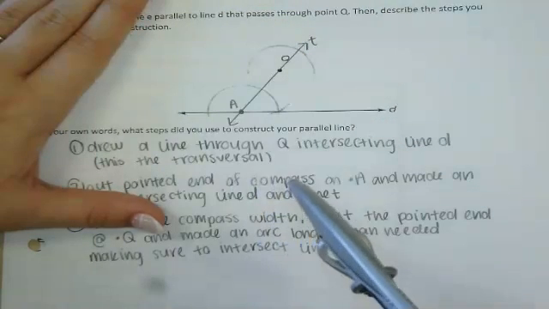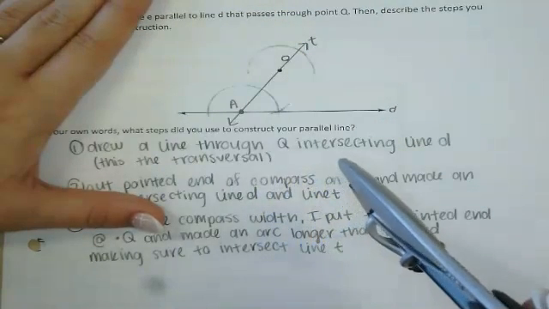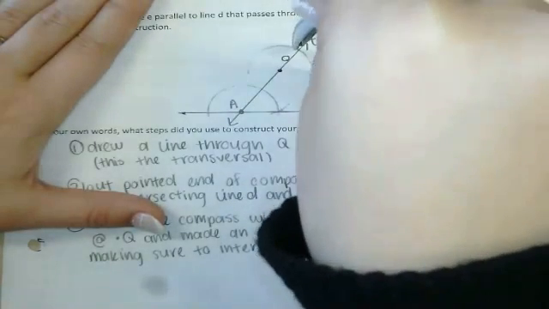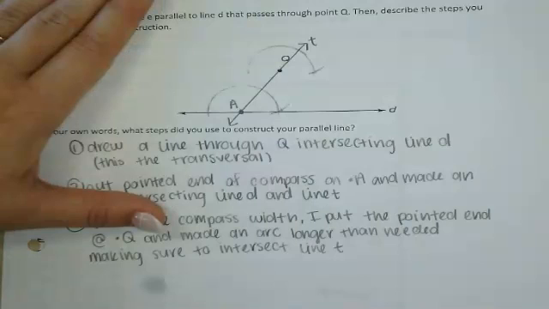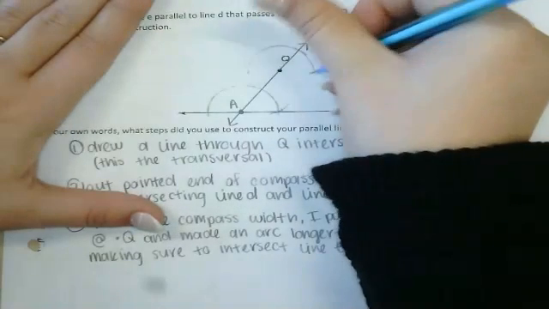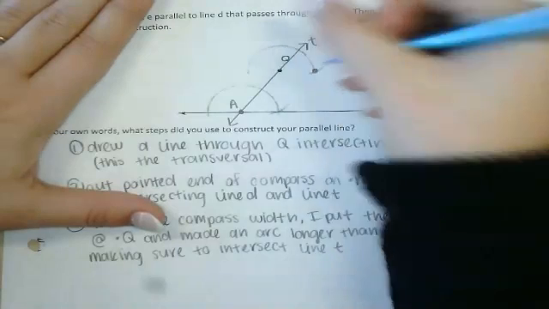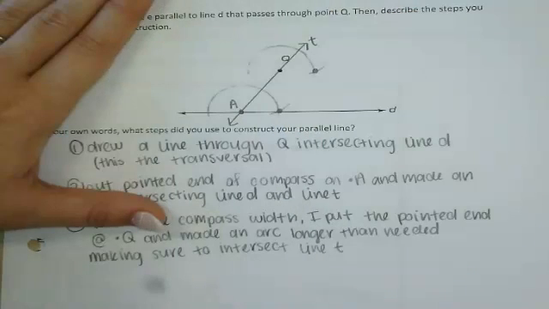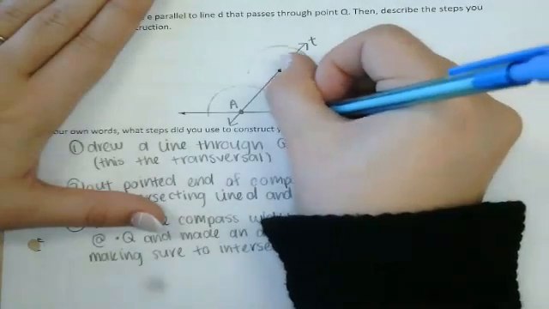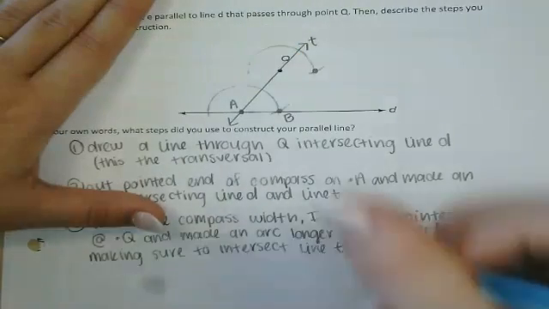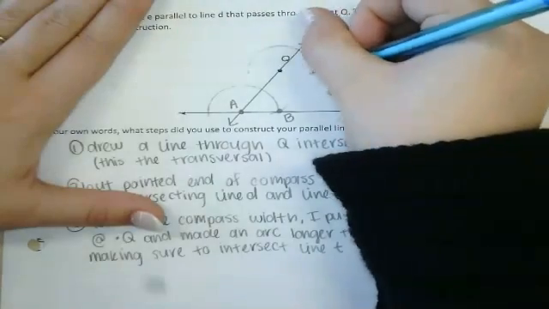And then without changing the width, we're going to come up here and draw a similar arc. All right. And we will name these points here. We'll name the intersection down here on our lower line point B, and we'll name the one up here point E.